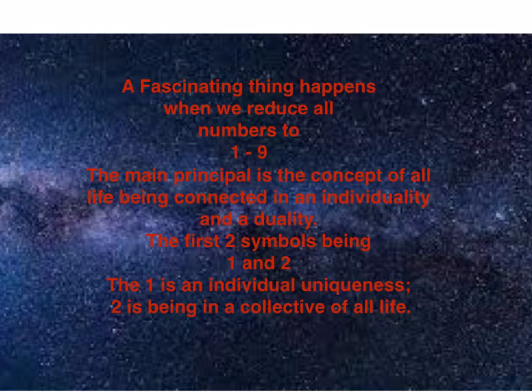The main principle is the concept of all life being connected in an individuality and at the same time a duality. The first two symbols are, of course, 1 and 2. The 1 is an individual uniqueness. The 2 is being in a collective of all life.